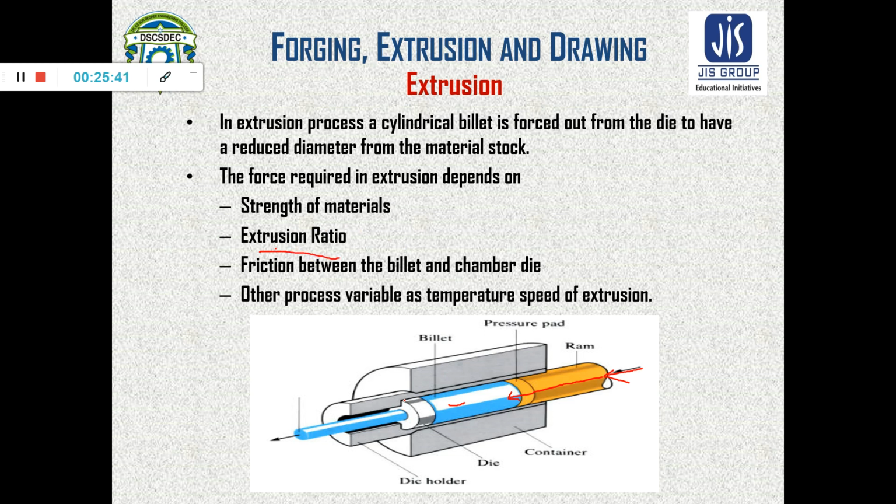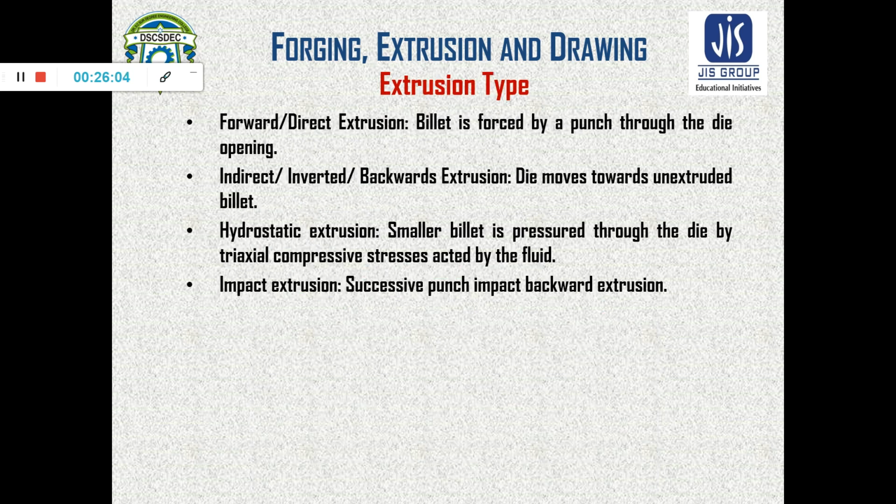the ratio between the initial and final area of the workpiece. And next, it depends on the friction between the billet and the chamber die, and other process variables such as temperature and speed of extrusion. These also affect the force on extrusion. Now, extrusion types: there can be forward or backward extrusion.